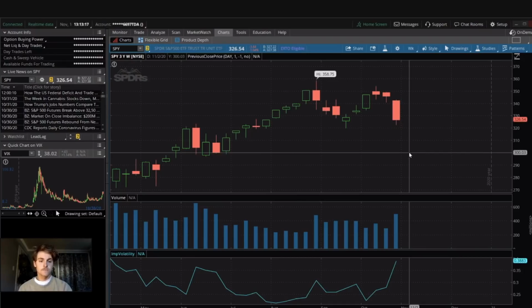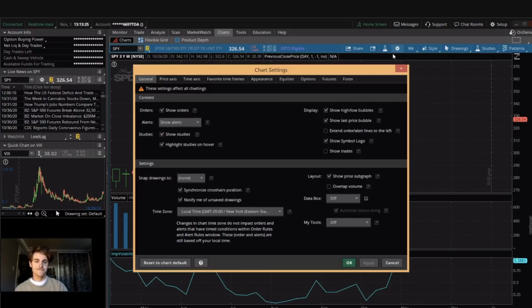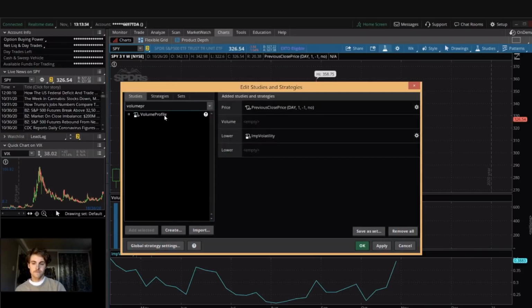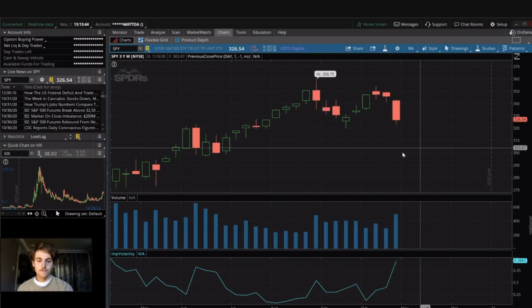If you guys don't know what the volume profile is, go to your studies tab, and you can just type in volume profile. Right here. And then you can add that to your chart. There are some settings, but again, that's a whole separate video. The whole idea here is that it creates a bell curve.